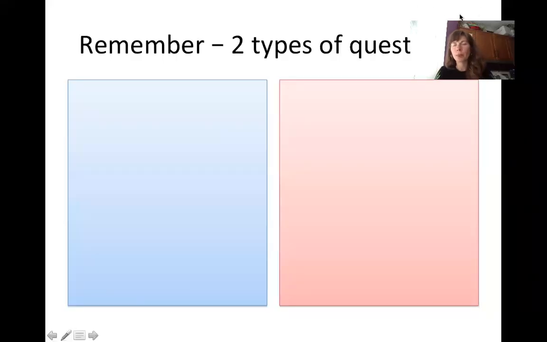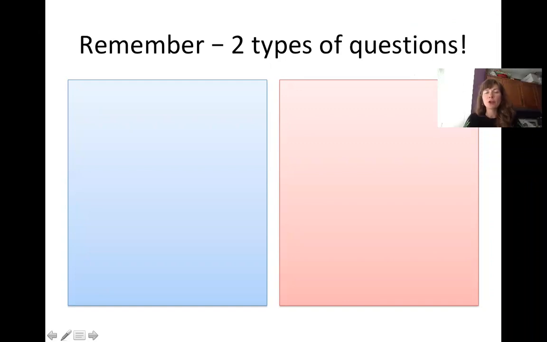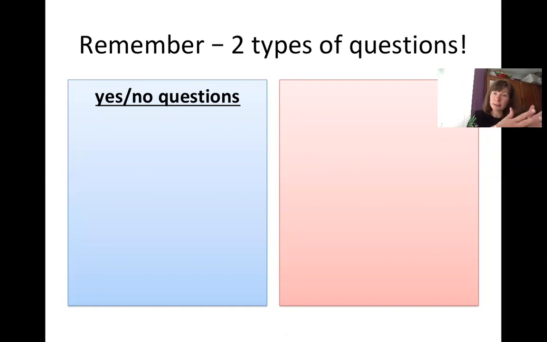Just to summarize here, remember you have 2 types of questions. The first one is the yes/no questions, so questions where the answer is yes or no. It's quite narrow, quite specific.